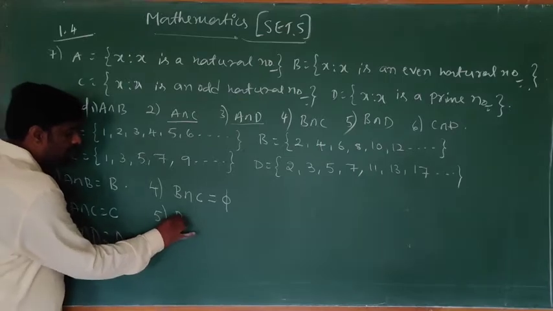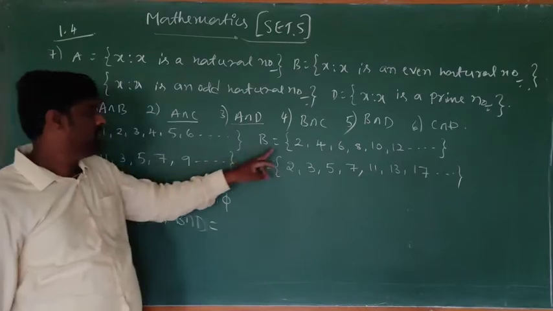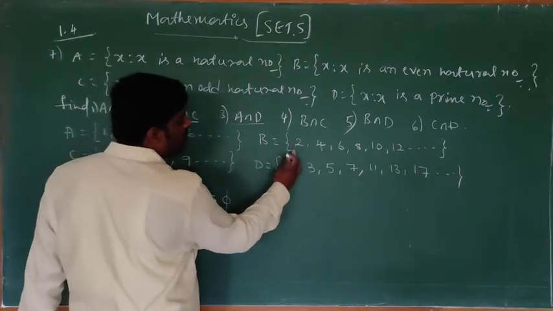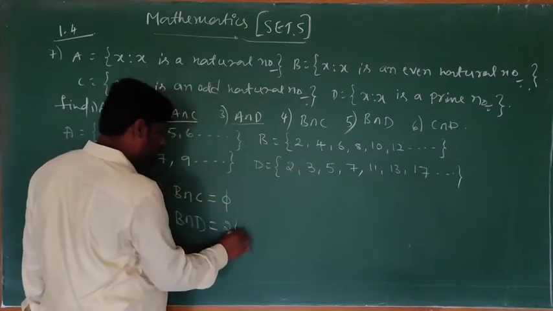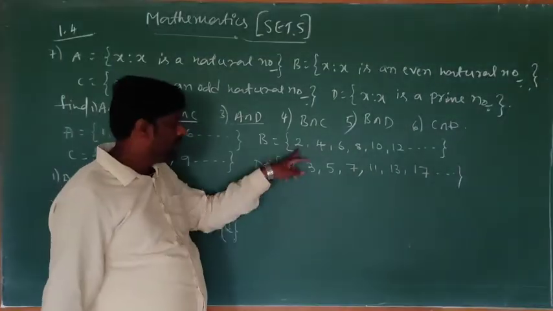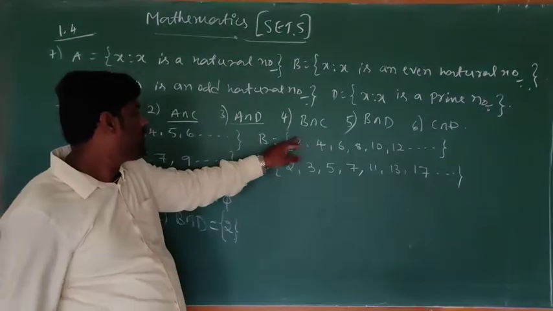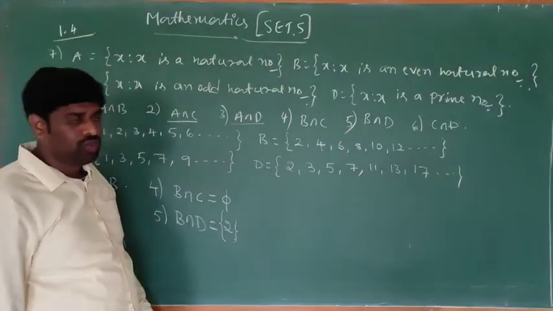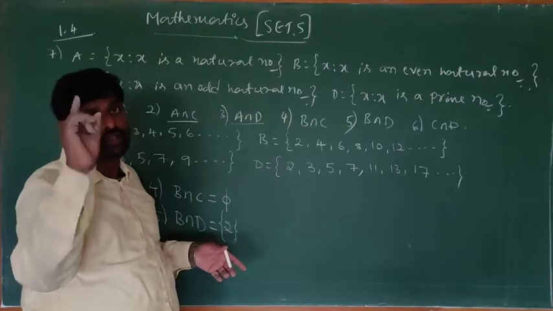Fifth one, B intersection D. This is B, this is D. 2 is there, so B intersection D is only 2. Among all prime numbers, there is only one even prime number, that is 2.